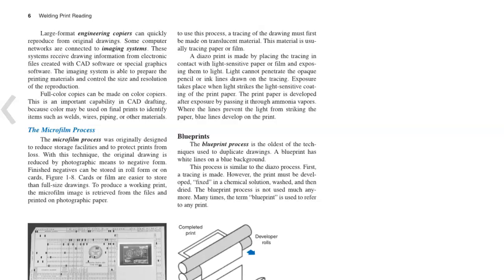Light cannot penetrate the opaque pencil or ink lines drawn on the tracing. Exposure takes place when light strikes the light-sensitive coating of the print paper. Print paper is developed after exposure by passing it through ammonia vapors. Where the lines prevent the light from striking the paper, blue lines develop on the print.